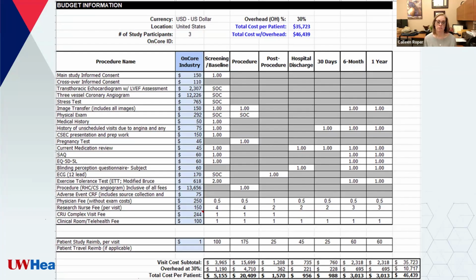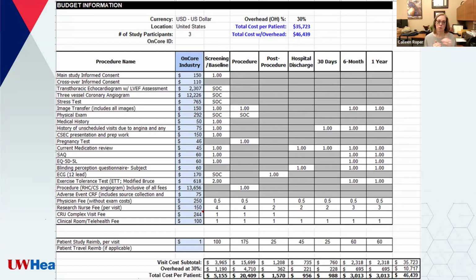The numbers down there indicate the number of hours. When you're looking at the physician or the research nurse, the quantity is the number of hours they think it's going to take to complete that visit. We have a little bit of buffer, because for consents we have a dollar amount and we also have it in coordinator time.